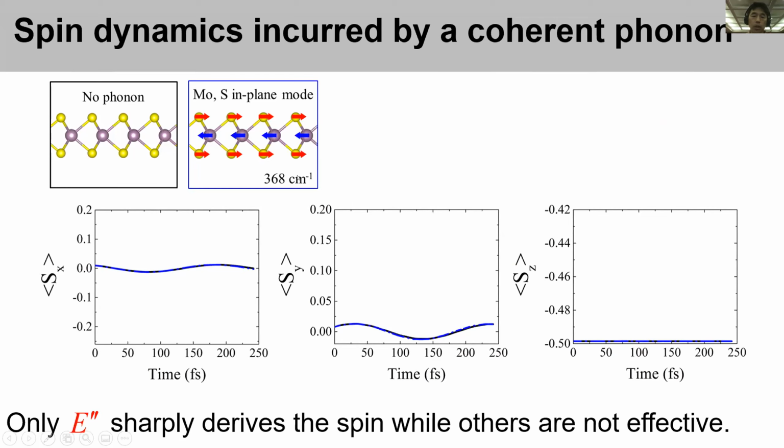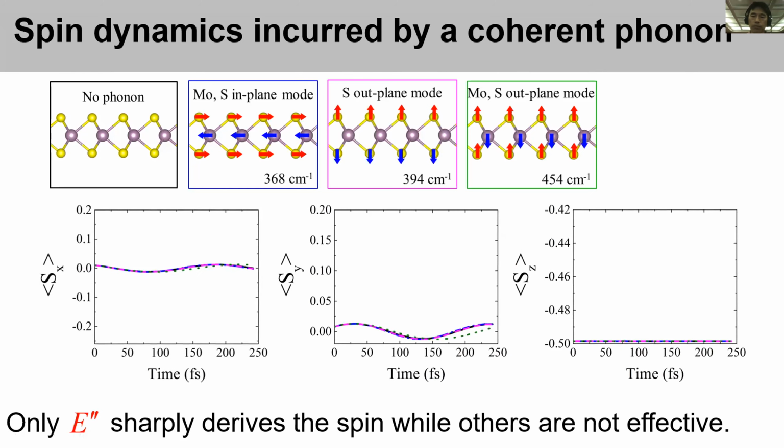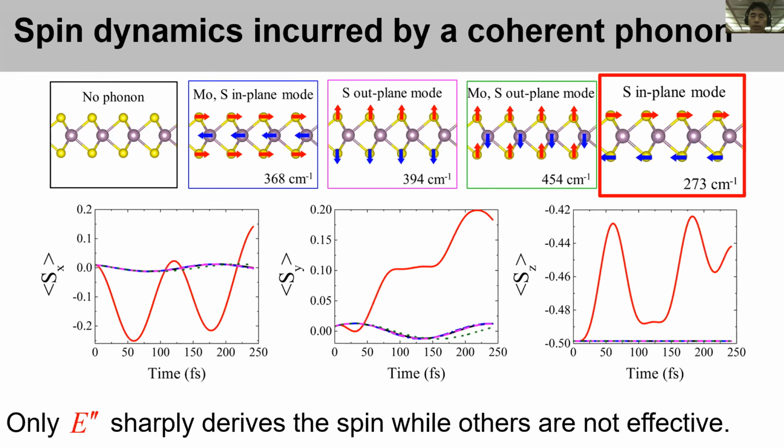We intentionally, artificially pumped a specific phonon, and the effect of most phonons is negligible on the time evolution of spin, but the very particular E double prime phonon has a very significant effect on the spin dynamics.